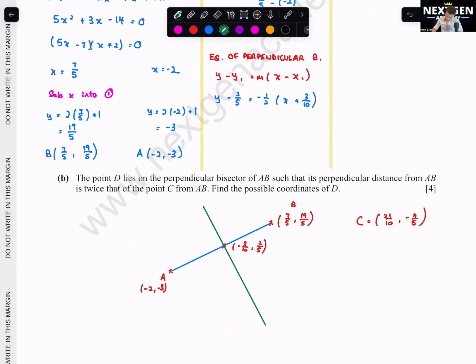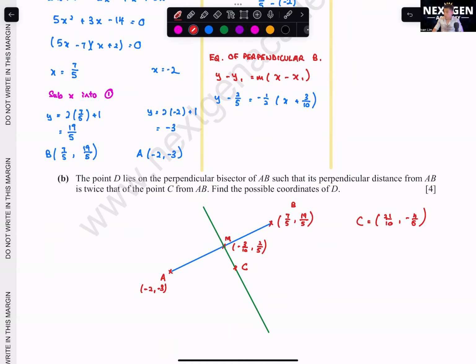If I were to sketch it out, it probably looks something like this. Point C, so this is the midpoint. Point C is probably around here, I'm just doing a rough estimate.